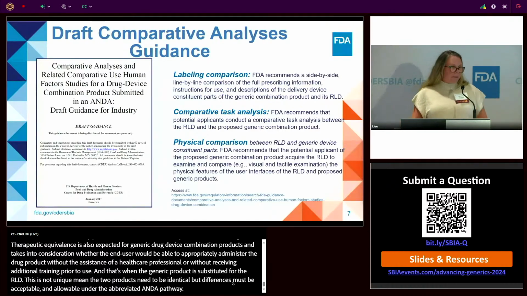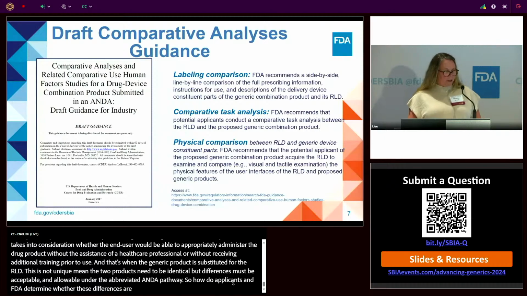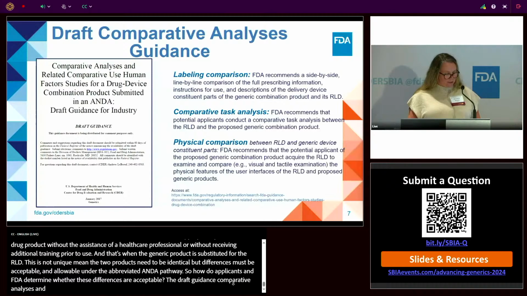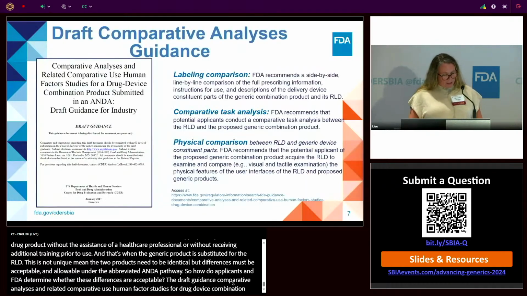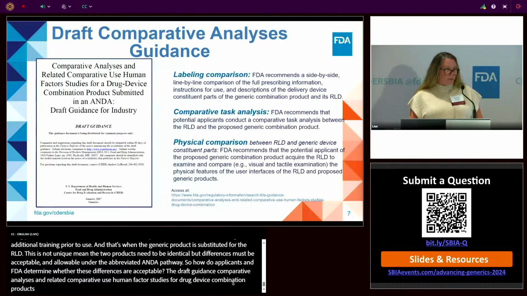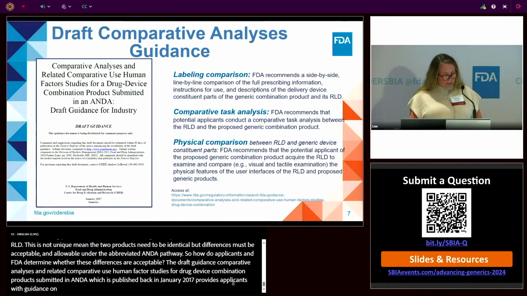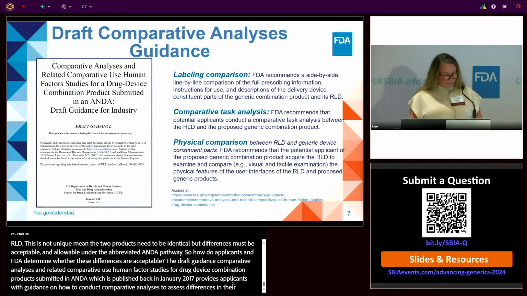So how do applicants and how does the FDA determine whether these differences are acceptable? The draft guidance, comparative analyses and related comparative use human factor studies for drug device combination products submitted in an ANDA, which was published back in January of 2017, provides applicants with guidance on how to conduct comparative analyses to assess differences in their proposed generic device compared to the RLD.